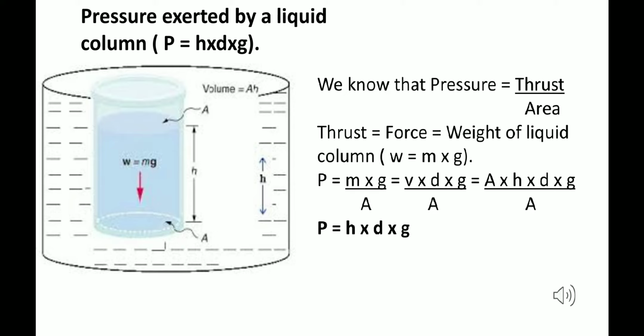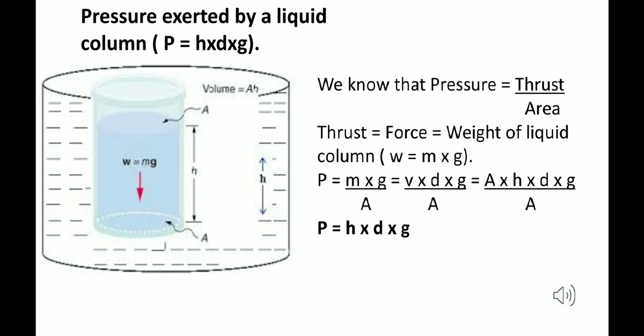Obviously, when we have density is equal to mass upon volume, for calculating mass we will multiply density to volume, and in place of mass, we have placed volume into density, and the rest of the things are copied as it is. So volume into density into acceleration due to gravity upon A. Now, as we know that volume is area into height, so volume has been replaced by area into height into D into G, copied as it is, upon A.